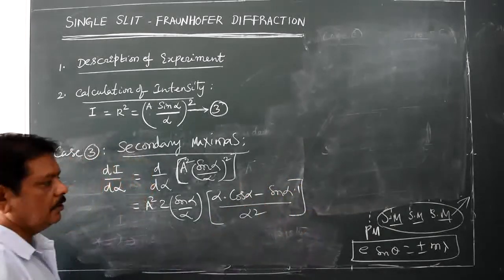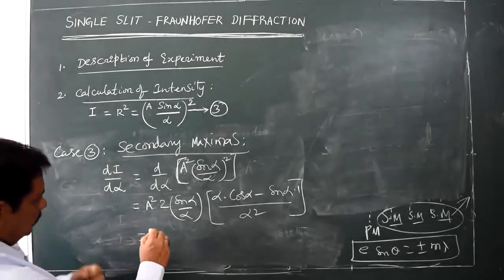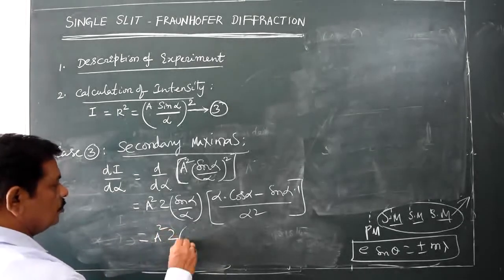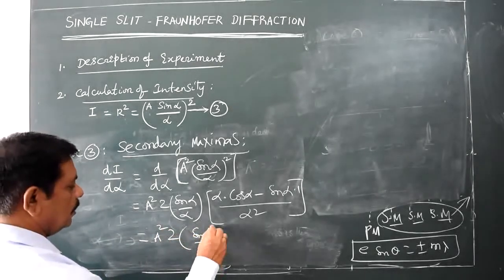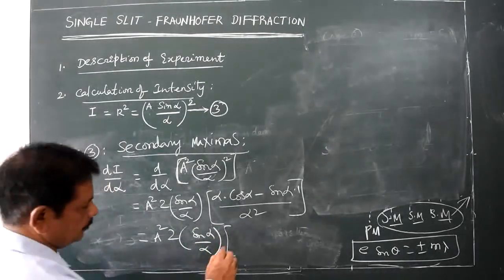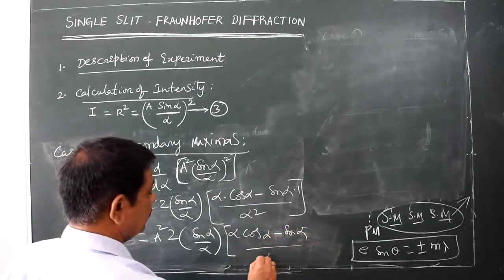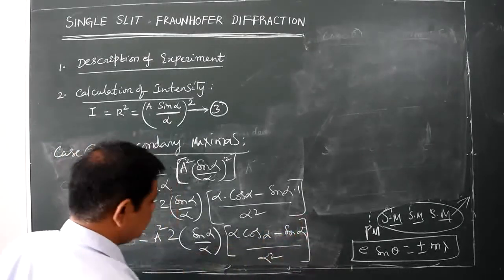This is the u by v formula. Taking A squared into 2 sin alpha by alpha, you put the same as this: alpha cos alpha minus sin alpha by alpha squared.